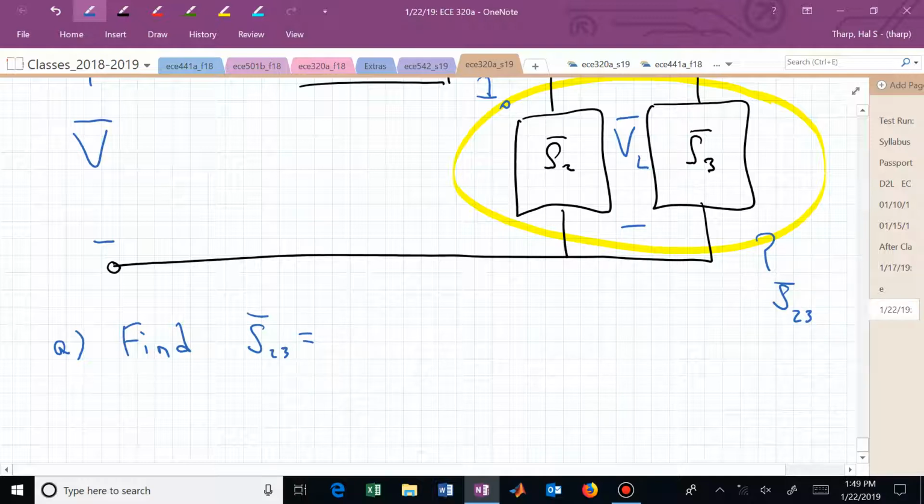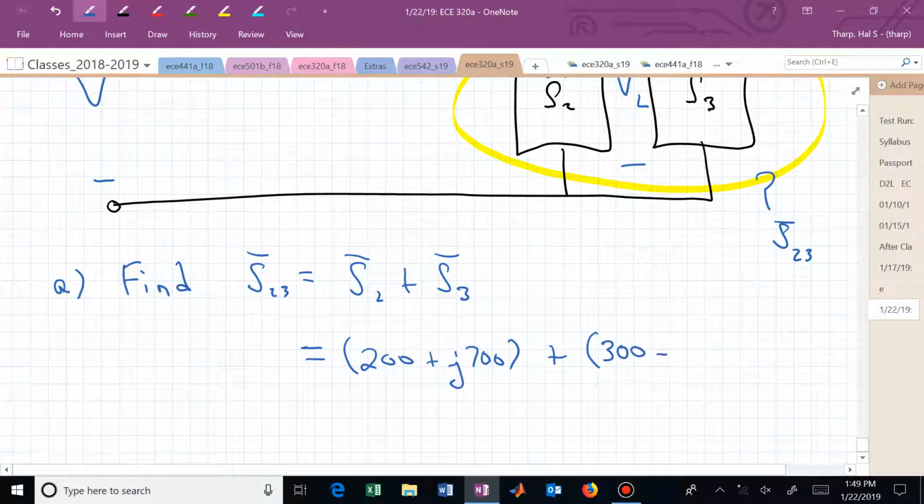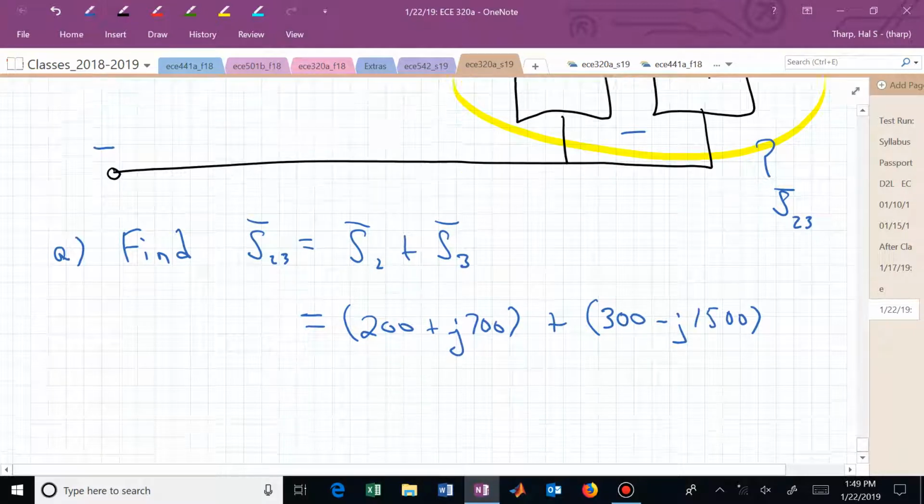Complex power S2,3 is now S2 plus S sub 3 in their complex form. S sub 2 was 200 plus j700. S sub 3 was 300 minus j1500.